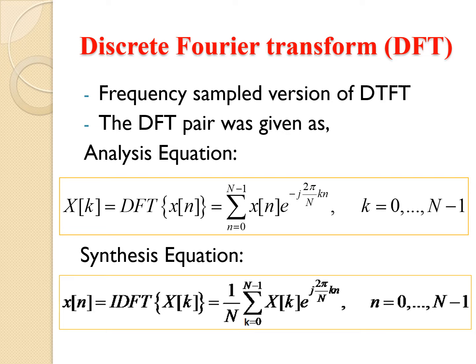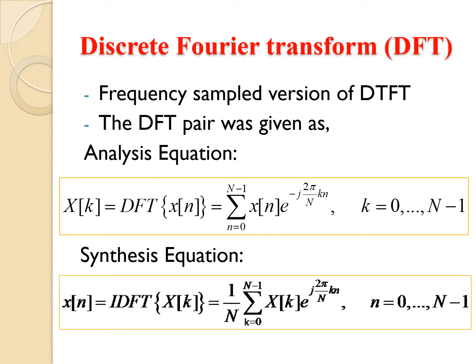So the DFT pair is given by X of k and x of n. So X of k is the DFT of the given discrete time signal x of n, which is equal to summation n extending from 0 to N minus 1 x of n into e power minus j 2 pi kn over N, where k ranges from 0 to N minus 1.